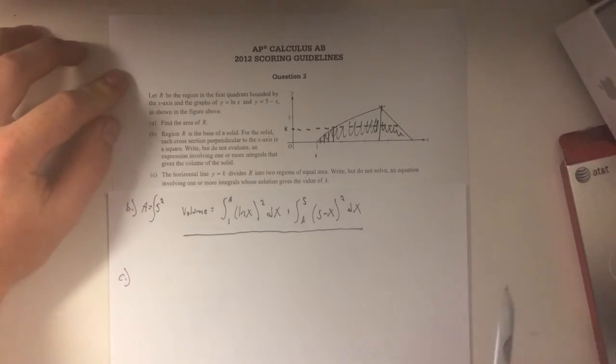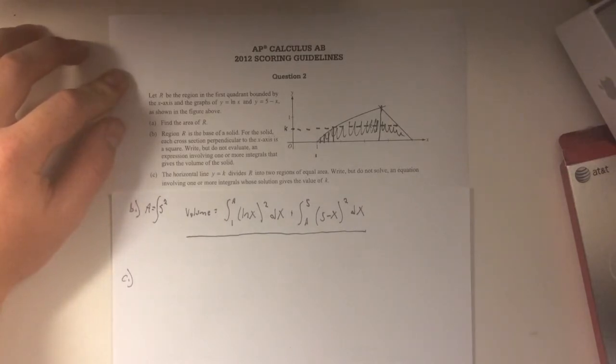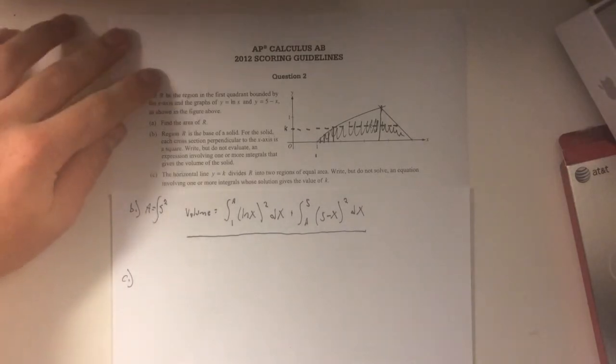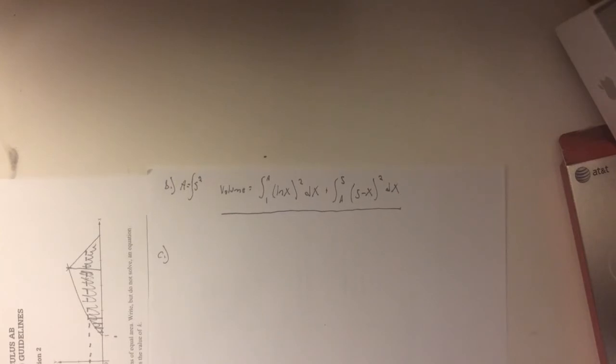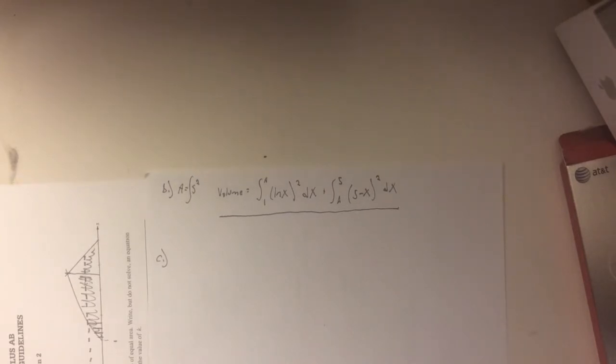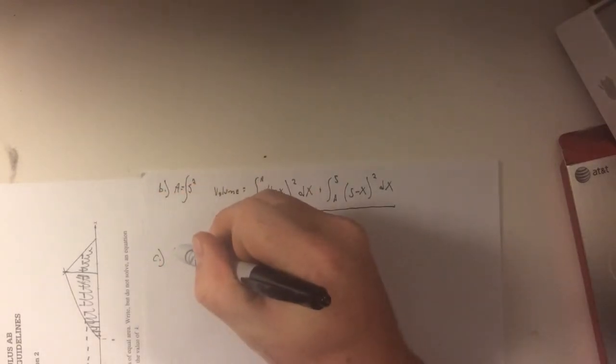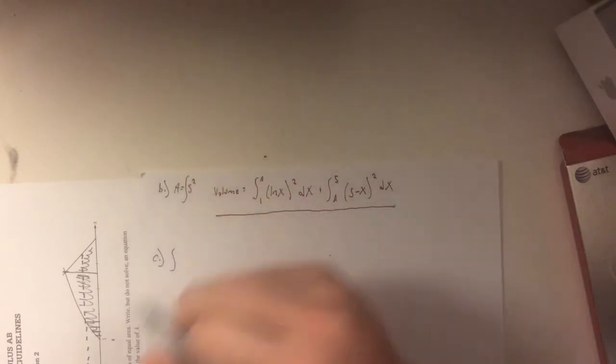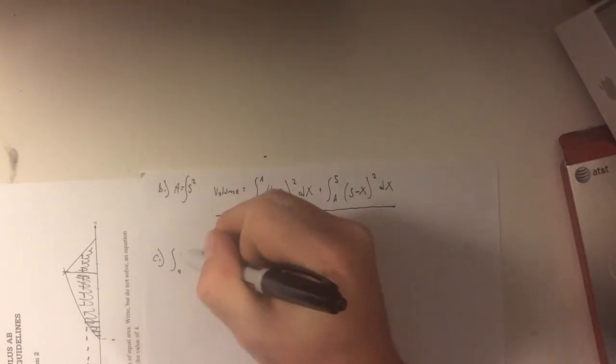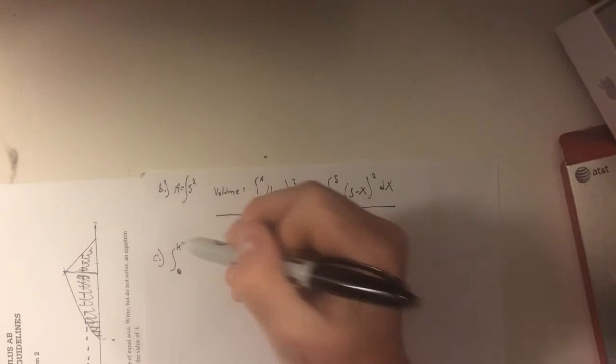And how do we do that? Well, we can turn our graph 90 degrees, or 270 degrees, I guess. And then solve this thing in terms of y. So we're trying to solve from 0 to k.